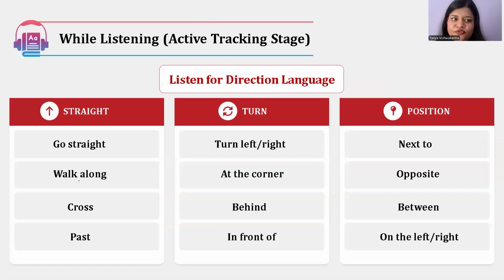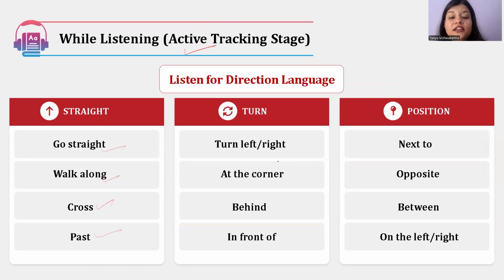Now, what else are you supposed to do? Look for the directional language. Before you move ahead and deal with your examination, I would recommend you have a look at some of the directional prepositions, or directional language. For example, for going straight, you can encounter these terms.